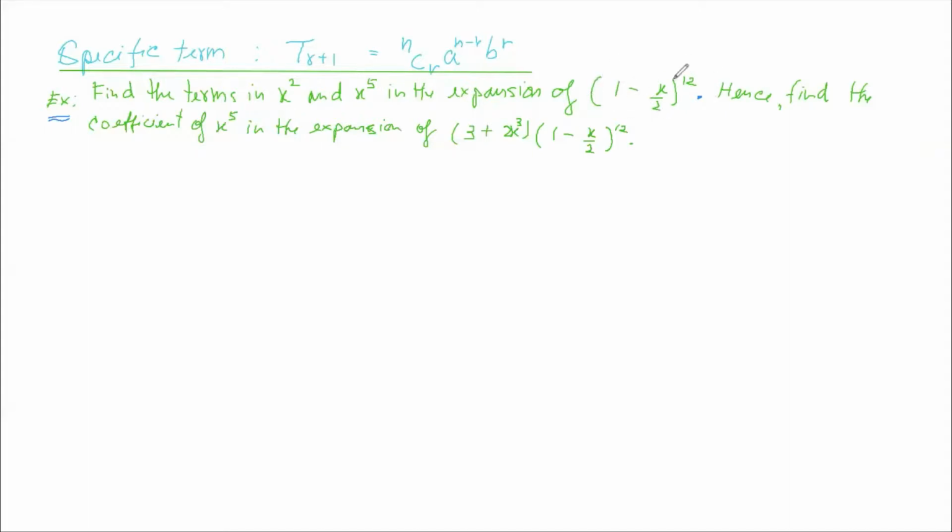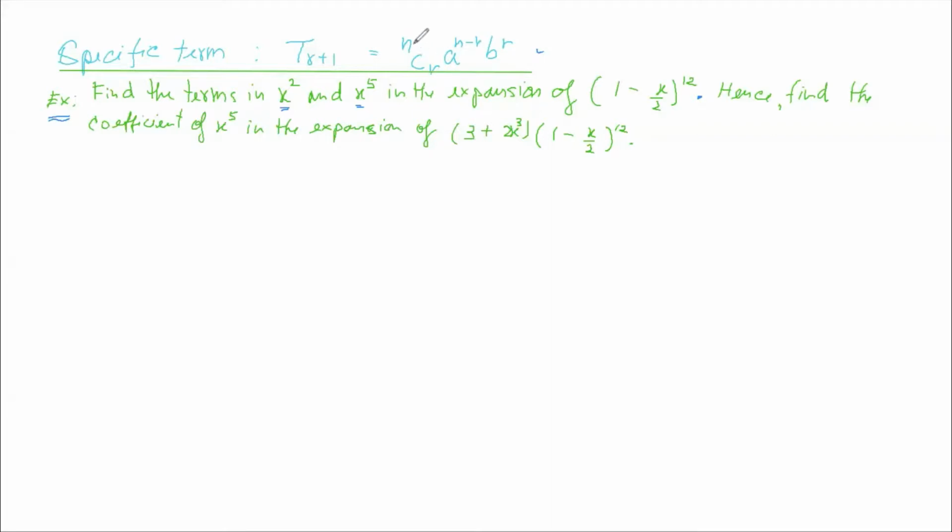But you see the power n is equal to 12, so when you expand, you have a total of 13 terms. It takes a lot of time to expand like before, if they give you any n. But in this case, they need only the terms of x squared and x power 5. So we use this formula.